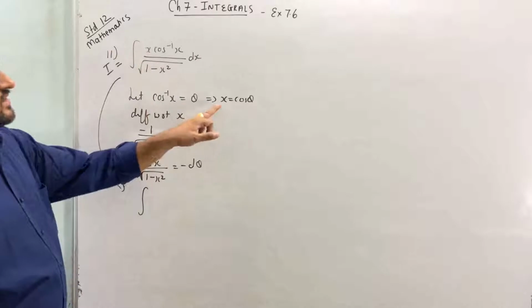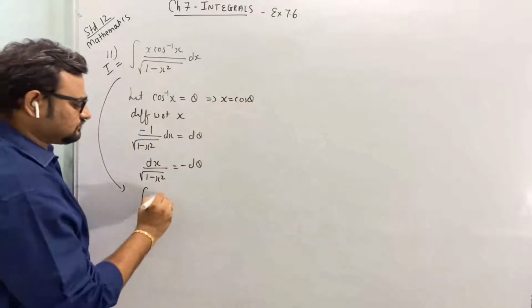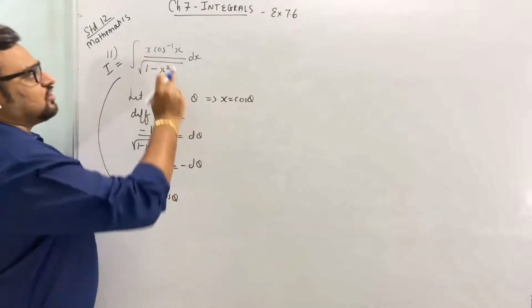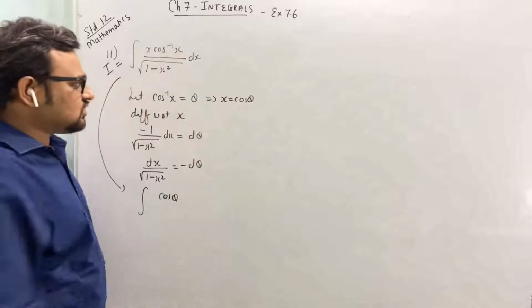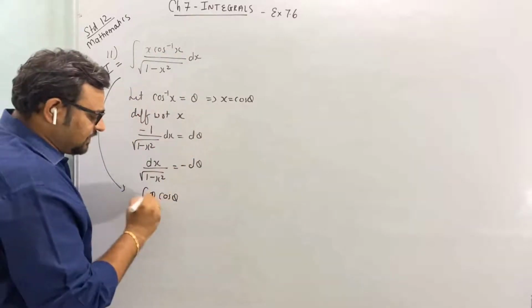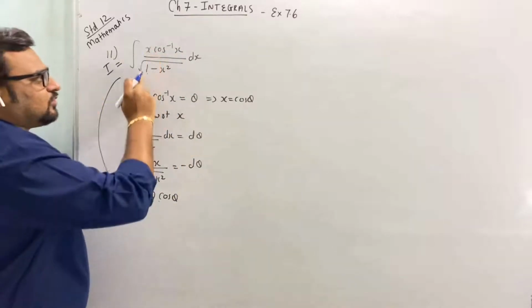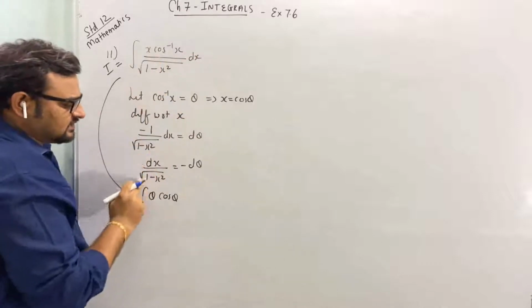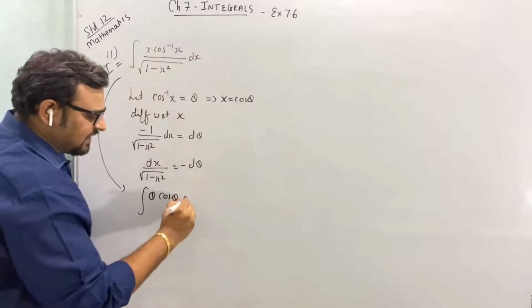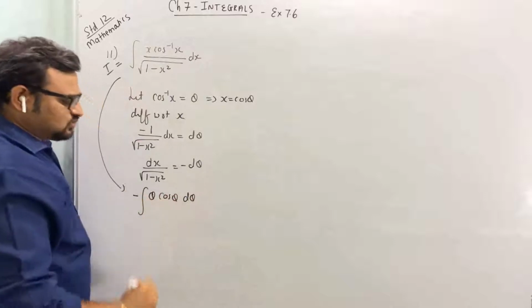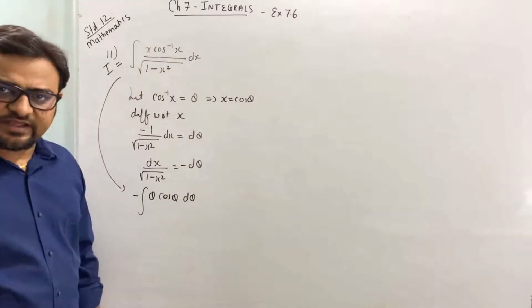What is x? Cos theta. Cos inverse x, what is cos inverse x? Theta. 1 upon root of 1 minus x square dx, that is equal to minus d theta. So this will be our integral. Okay.